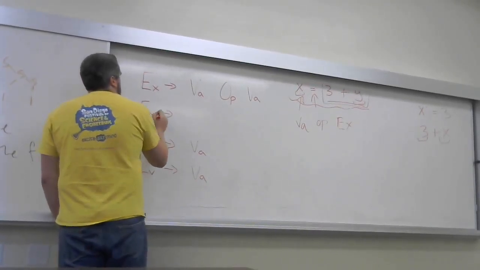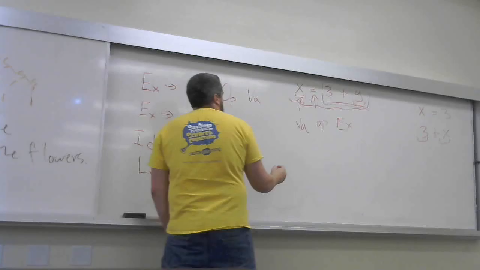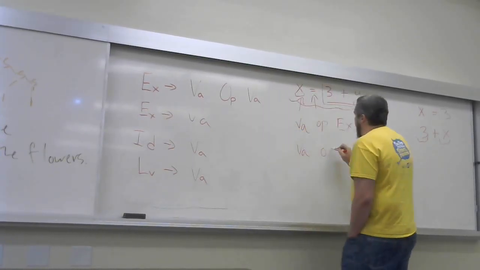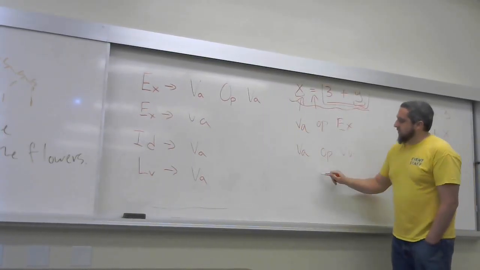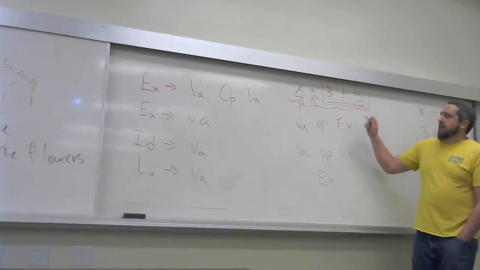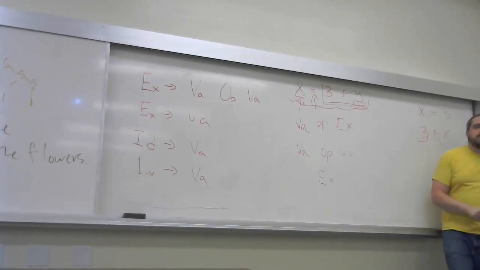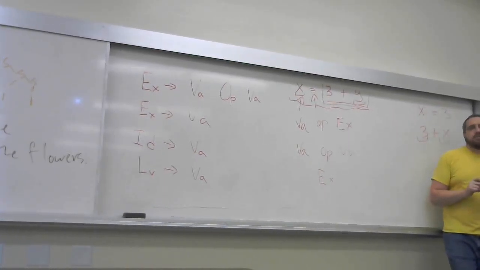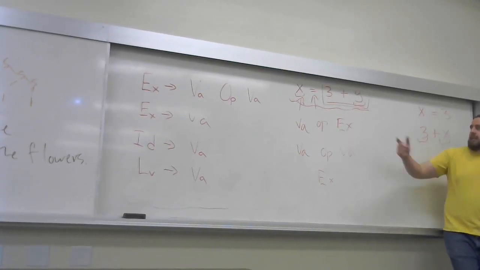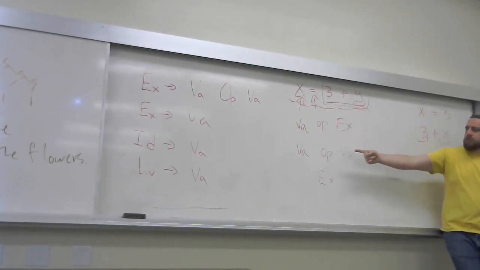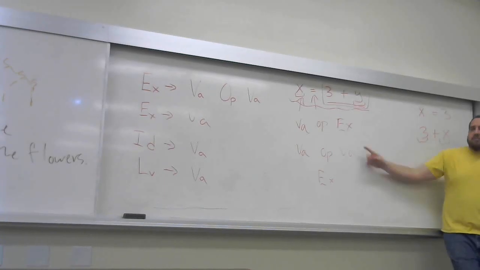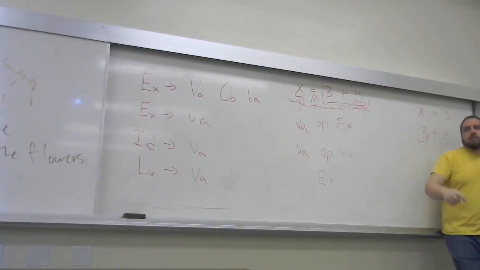The expression can be a value, which means that we have value, operator, value, which would turn that into an expression. And we validate that from all the way up there. That's a tree that would generate it. Because that's an expression, value operator, expression, value operator, value, expression. But that grammar also validates the thing we don't want to validate. So you have to think about how do you fix that.